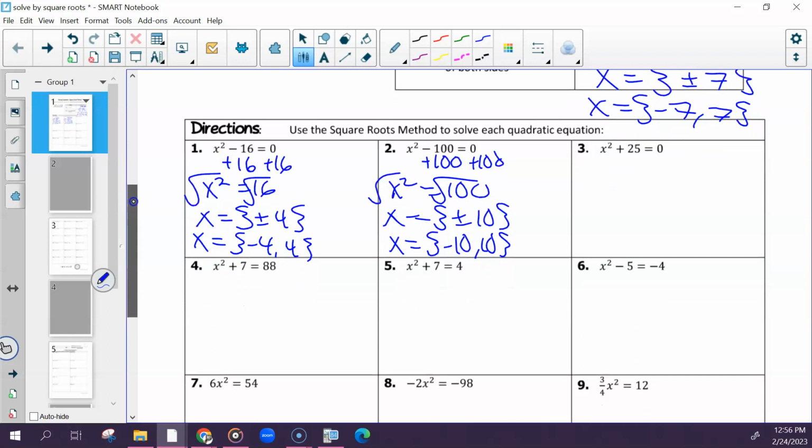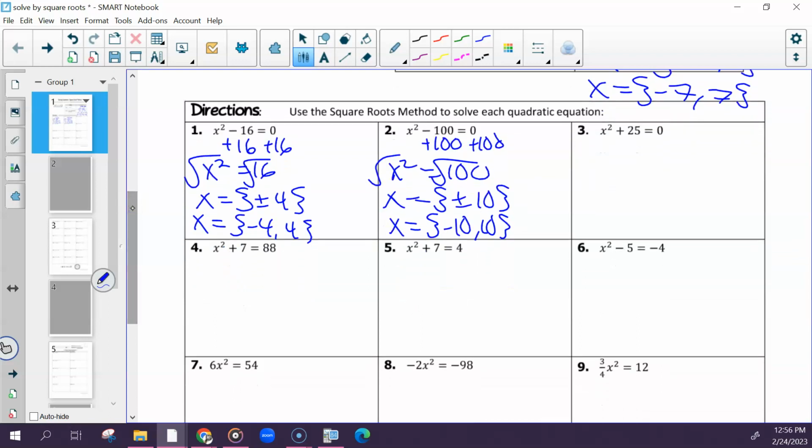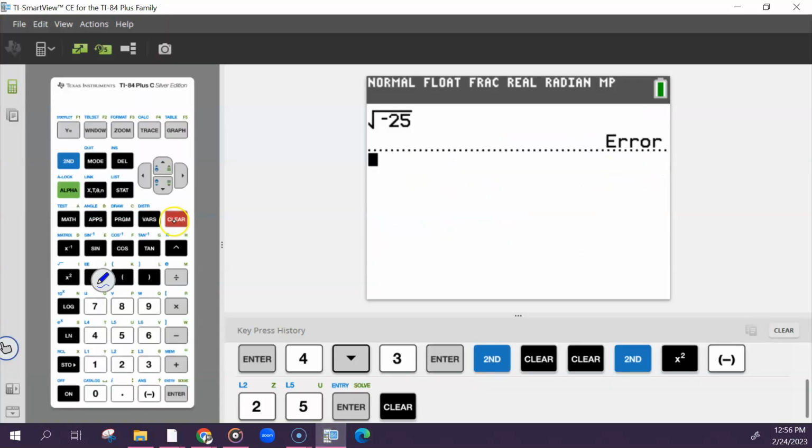Now let's see what happens when we do 3. Here now we're adding instead of subtracting, so we would subtract 25. What happens when we take the square root of negative 25? And if you're not sure where the square root is, it's in blue above x squared, so second x squared will get you there.